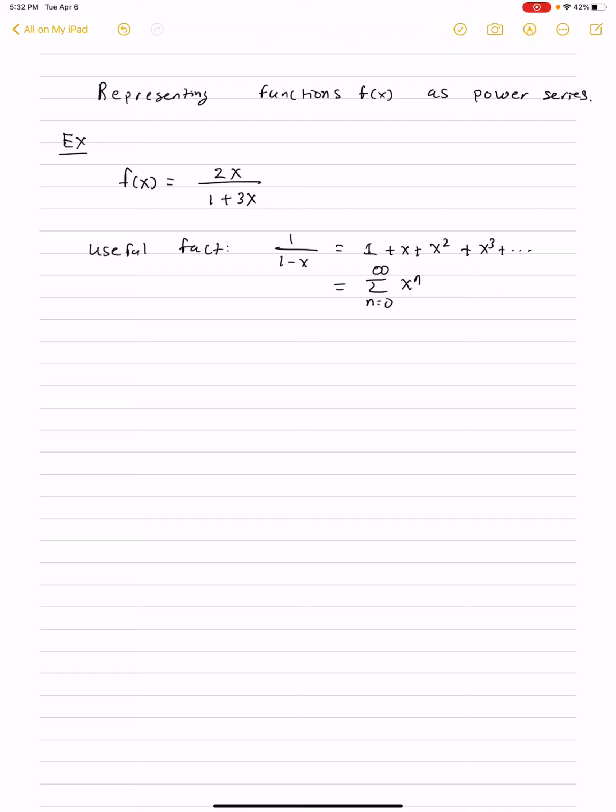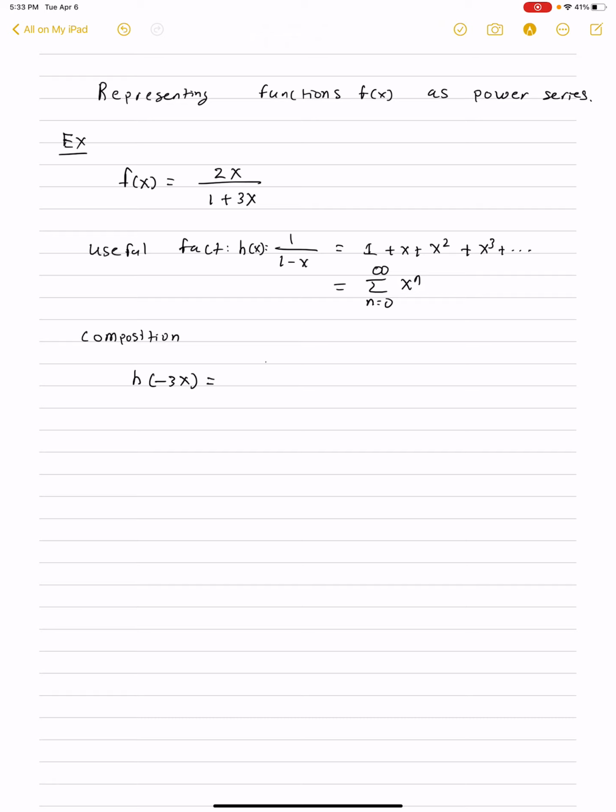Using composition, I'm going to call this h of x. So I'm going to do composition here. And I'm going to say, hey, what happens if I replace x by minus 3x?